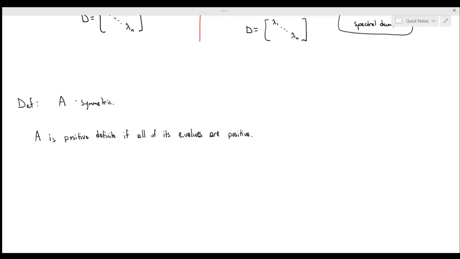And there are some related notions. We also say that A is positive semi-definite if all of its eigenvalues are non-negative.